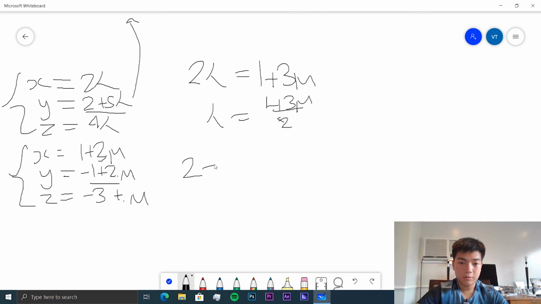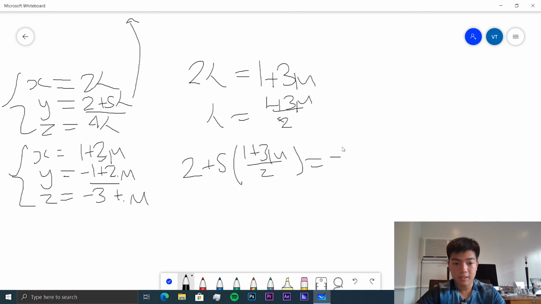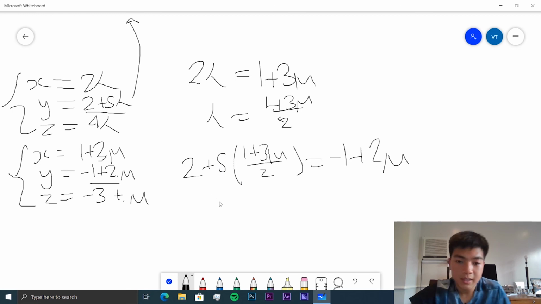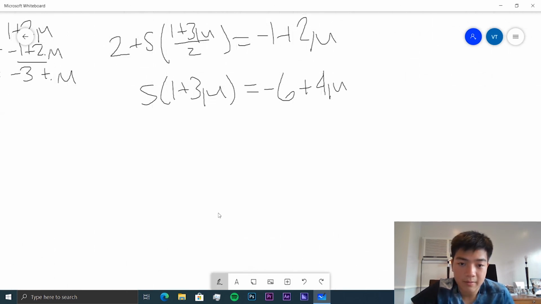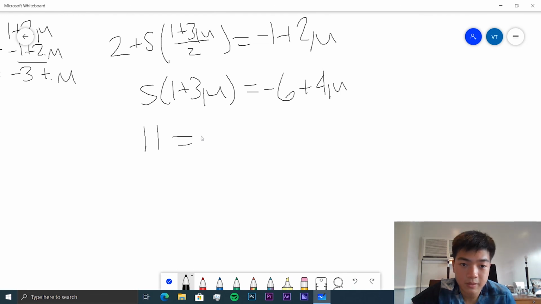So we have 2 plus 5 lambda, 2 plus 5 times 1 plus 3 mu over 2 is equal to negative 1 plus 2 mu. So we have 5 times 1 plus 3 mu is equal to negative 6 plus 4 mu. So we have 11 is equal to negative 11 mu, so mu is equal to negative 1.